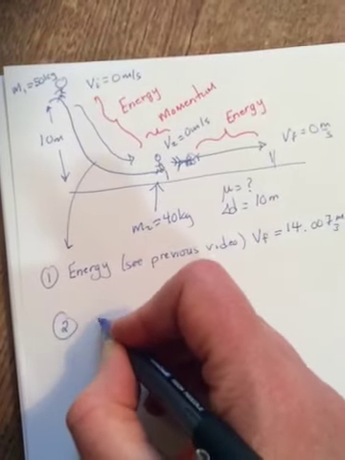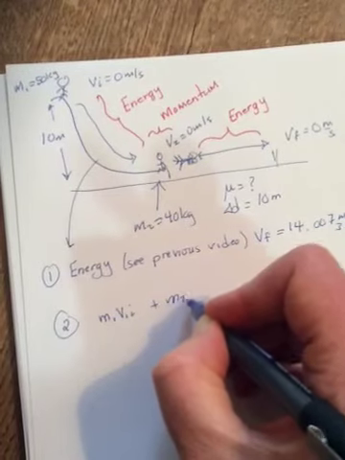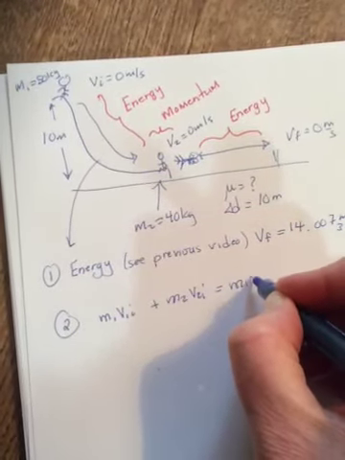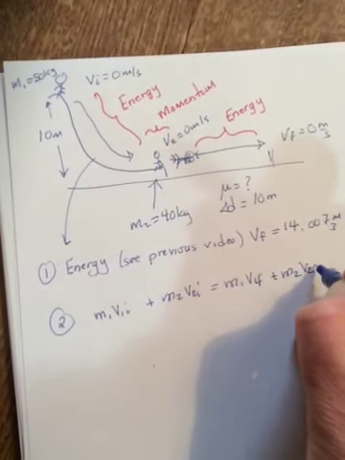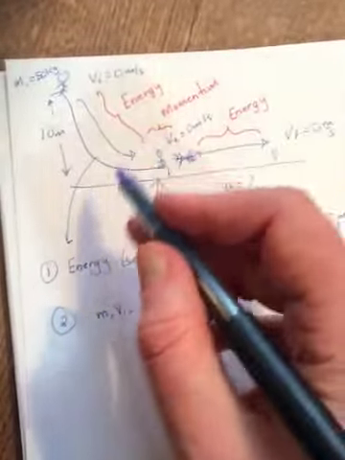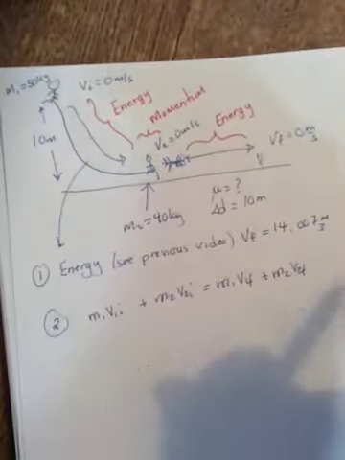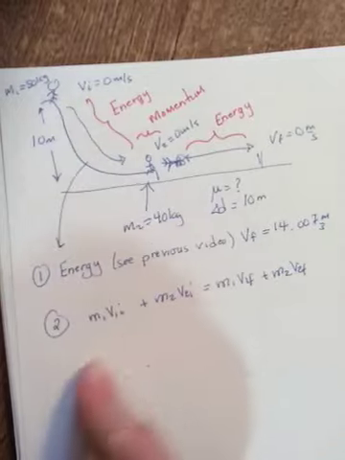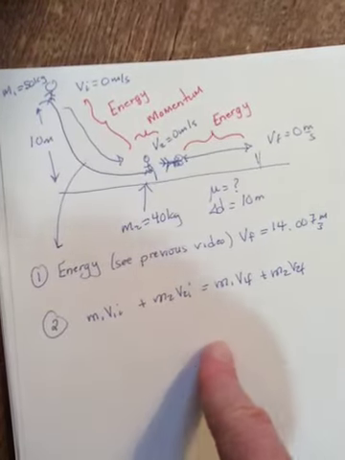Conservation of momentum is m1v1 initial plus m2v2 initial equals m1v1 final plus m2v2 final. Now, unfortunately, when we're doing these combined energy and momentum questions, the collisions will always be one-dimensional, so you won't have to do x and y separately.